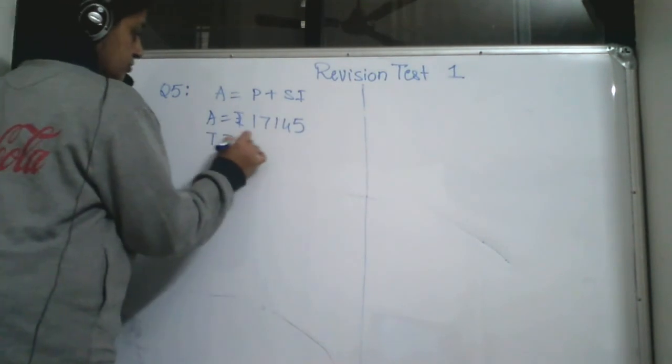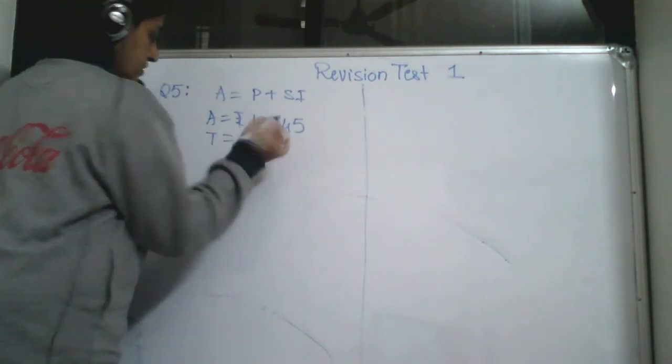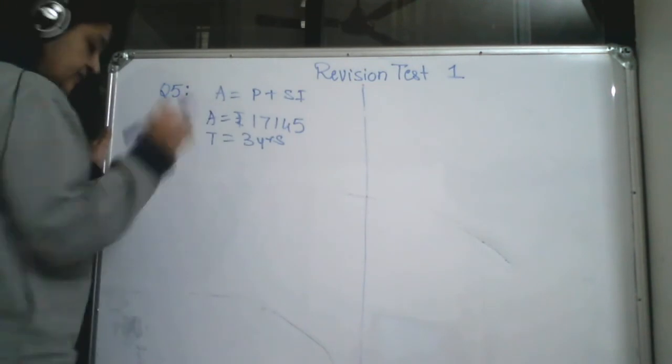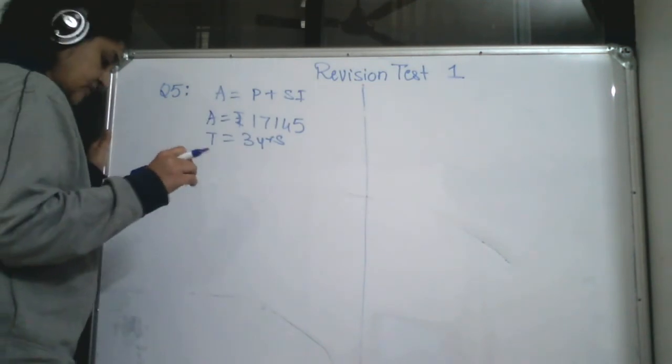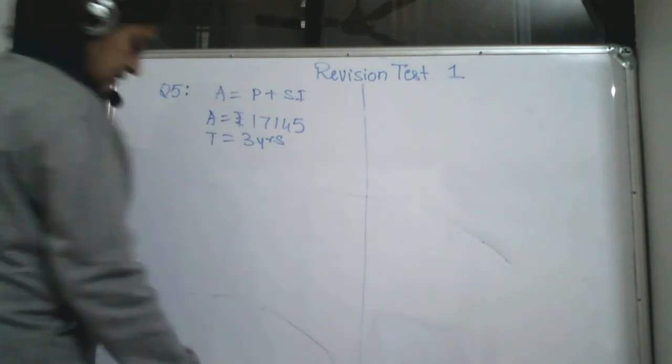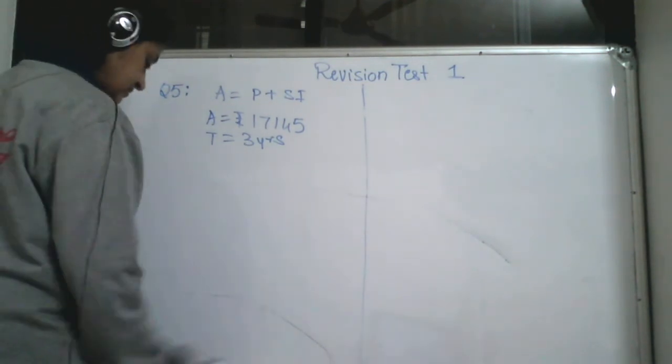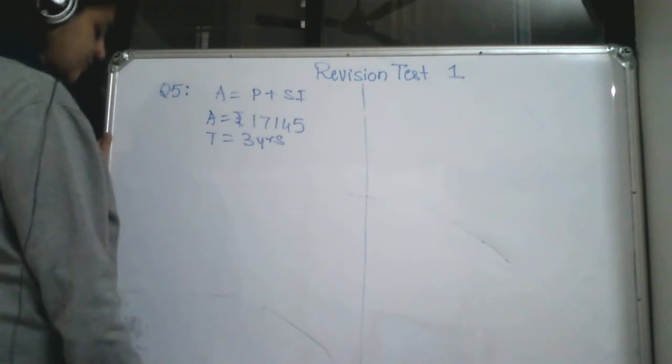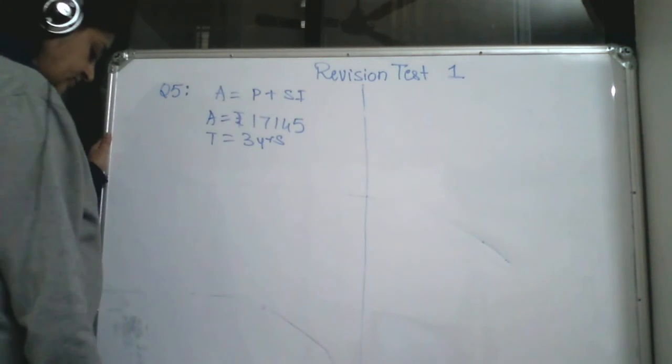T is equal to 3 years. We have to find rate as well as principal here. So first rate will be found and then principal can be taken, or vice versa also can be done in certain situations. First, rate of interest only will be calculated.